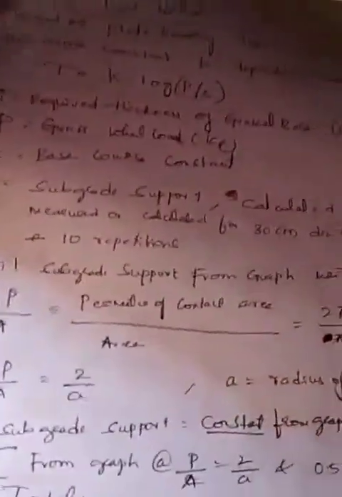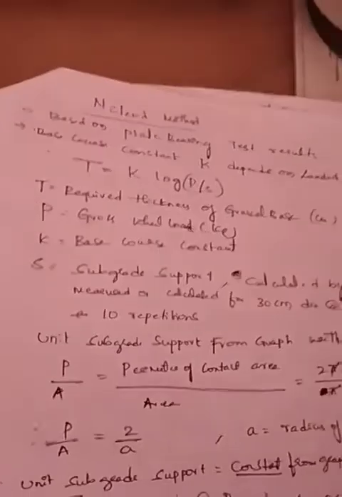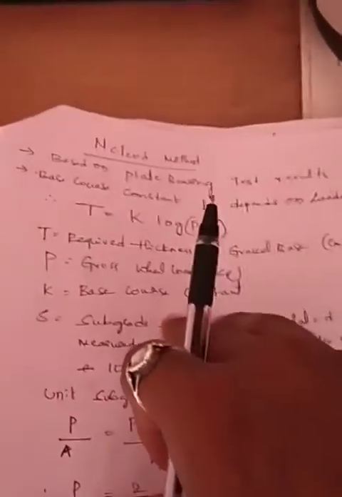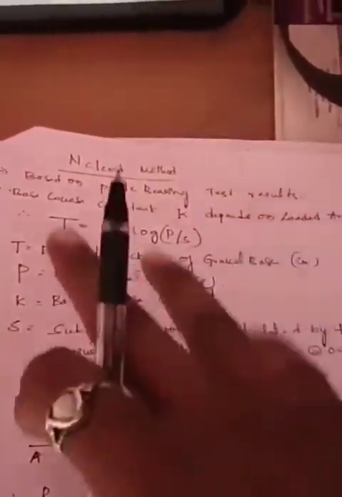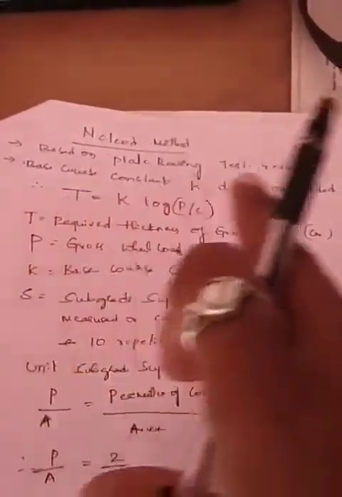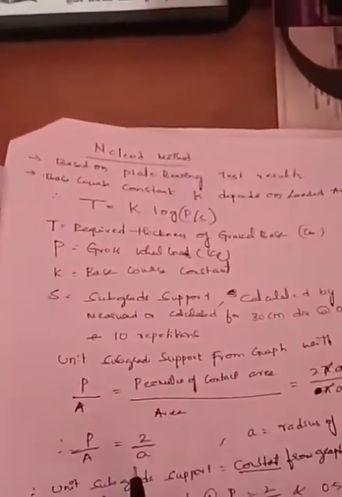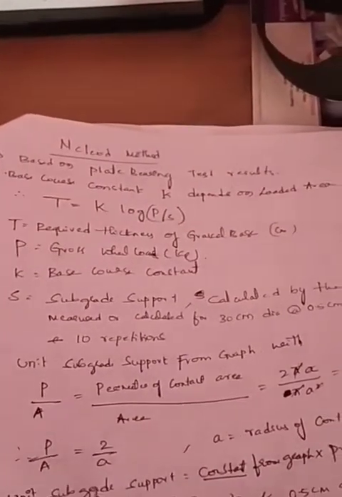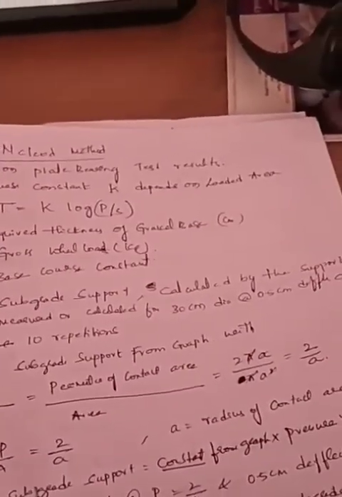Now the first one is the Macleod method. This is based on plate bearing test results. The Macleod method of flexible pavement design is based on the results obtained from the plate bearing test.